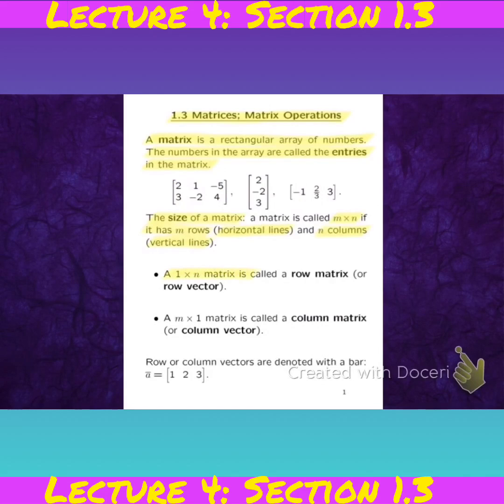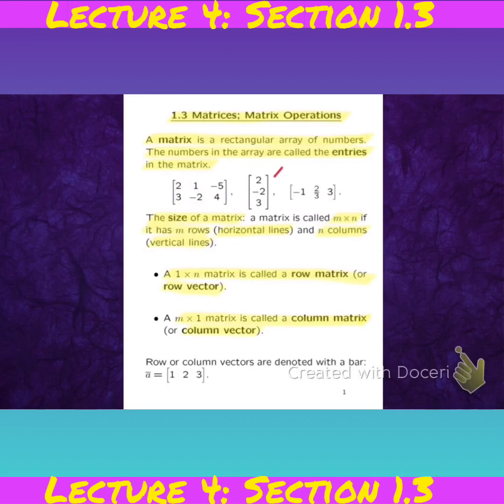Right, next up we have another point. A 1 by n matrix is just called a row matrix or a row vector. That would be a matrix where you've got one row and n columns. This is an example of a matrix that's got one row and 3 columns, so it's a 1 by 3 row matrix. Next, an m by 1 matrix is called a column matrix or a column vector.